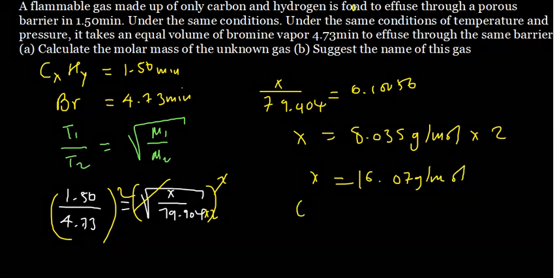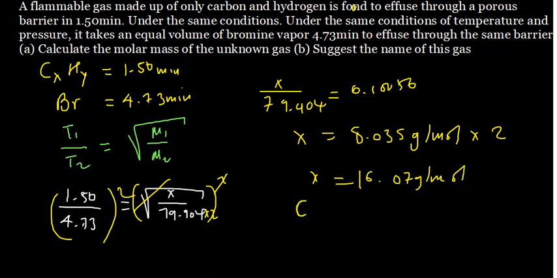Now we know that carbon itself has a molar mass of about 12.01 grams per mole. If we remove from 16, that is 16 minus 12.01, the molar mass of carbon being 12, we are going to remain with the molar mass of hydrogen being about 4.